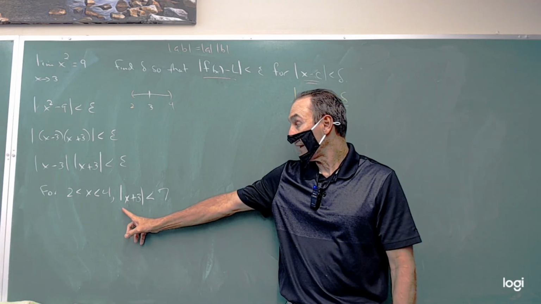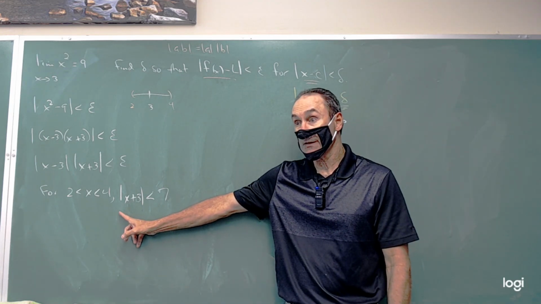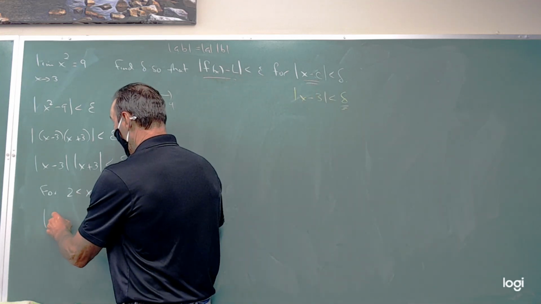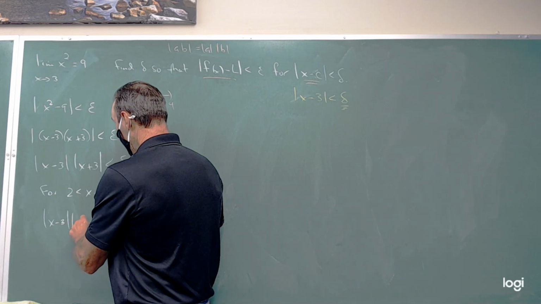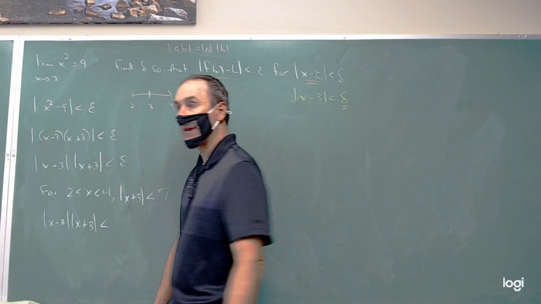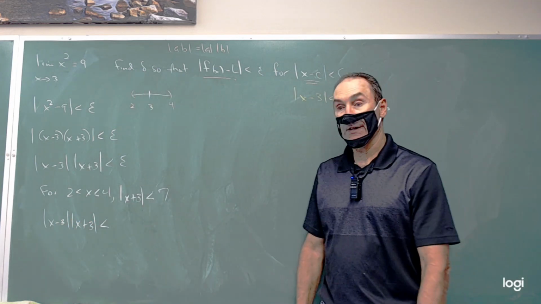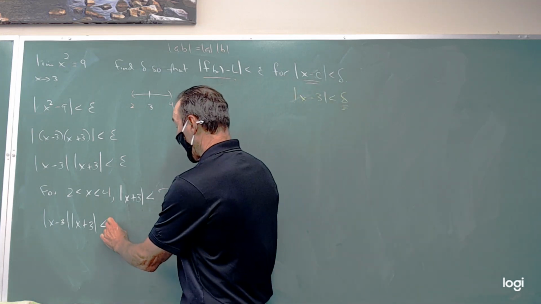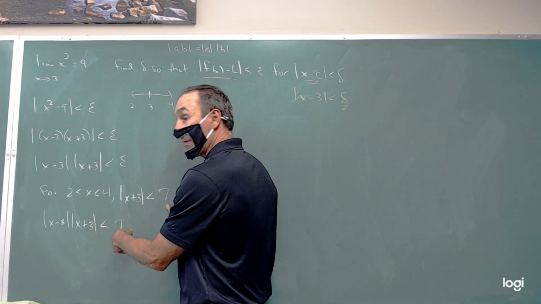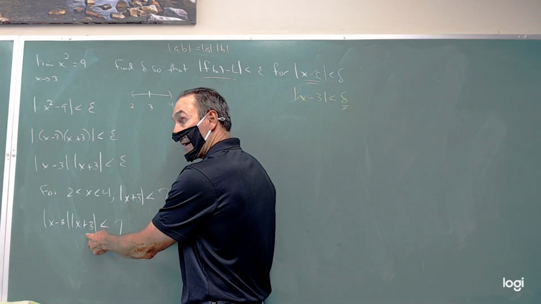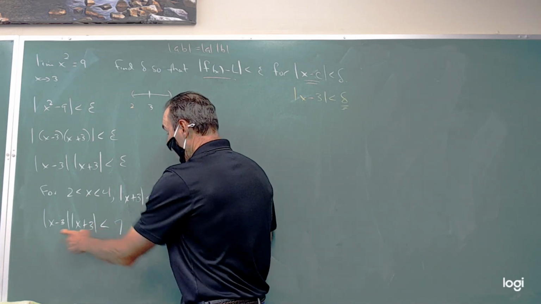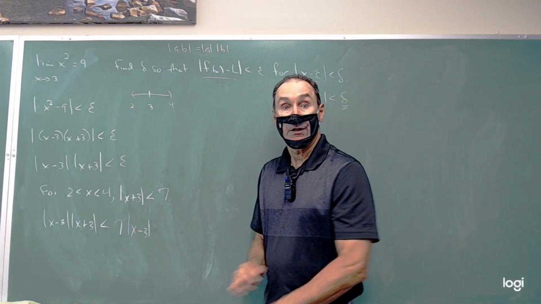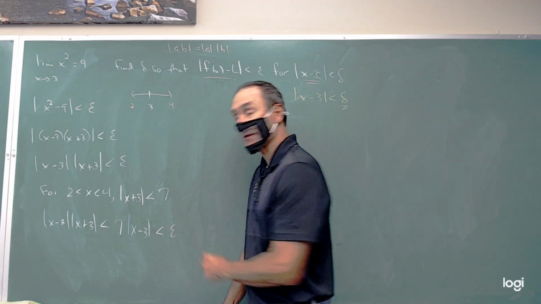Since we're only going to look at x on this interval, you can build a chain of inequalities. The absolute value of x minus 3 times the absolute value of x plus 3 is going to be less than, and I can replace this by 7. Since that is less than 7, this product is less than that product, which we're trying to make less than epsilon.